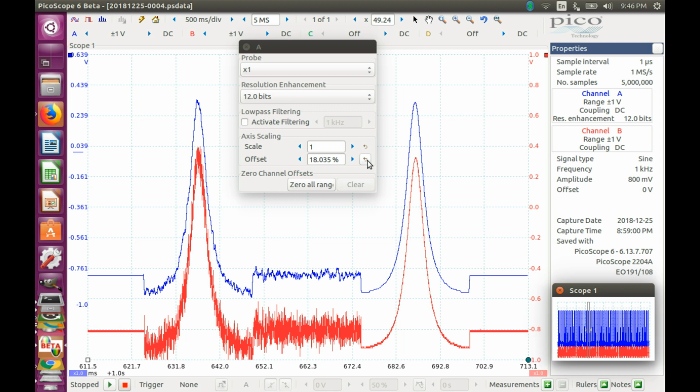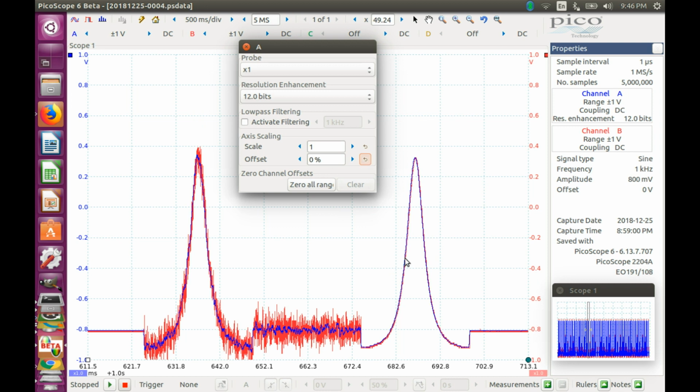Though there are some differences. We will see them when we set the offset of channel A back to 0 and merge the graphs. So we see that here, where we have a step function, there is a little bit of a difference.